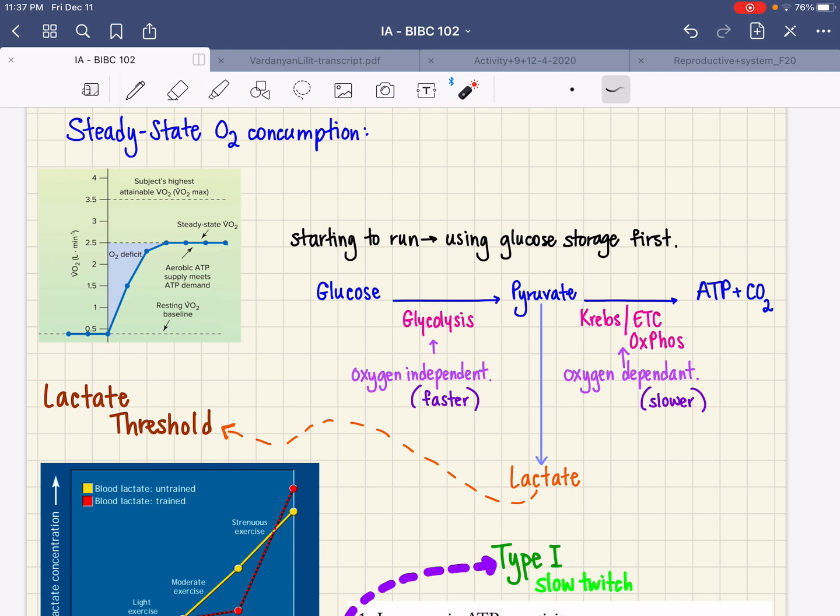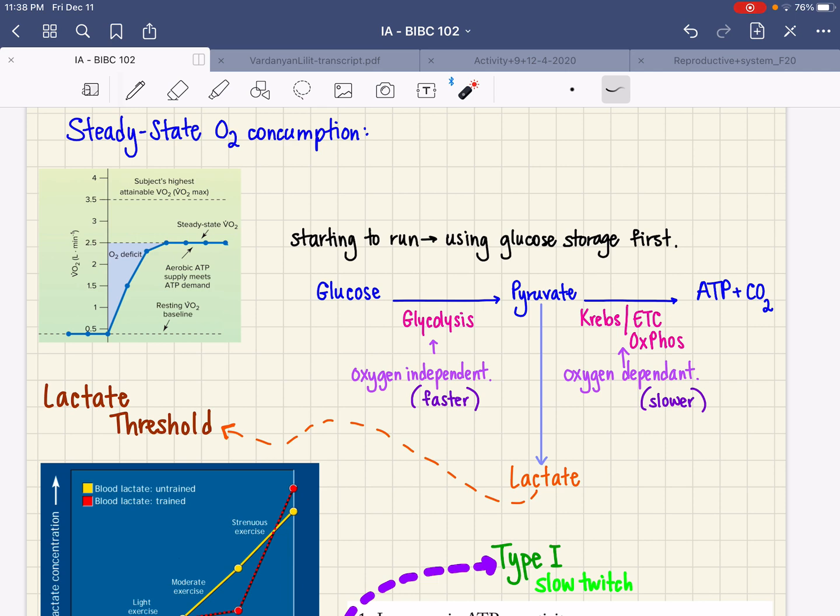Because I'm just starting to pick up walking. However, if I keep walking for a minute or two, I will realize that my breathing is becoming more controlled. I don't feel like I'm going to pass out, right? I've gotten used to it. That most likely means that I have hit steady state of walking and oxygen consumption. Okay? It means I'm breathing constantly, and I'm probably burning the same amount of energy more constantly.